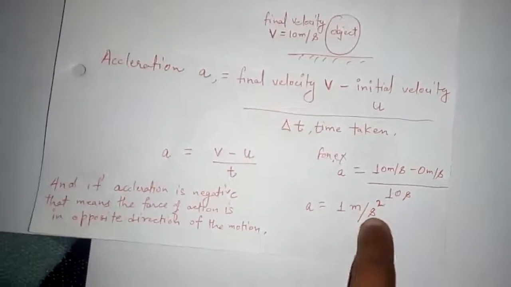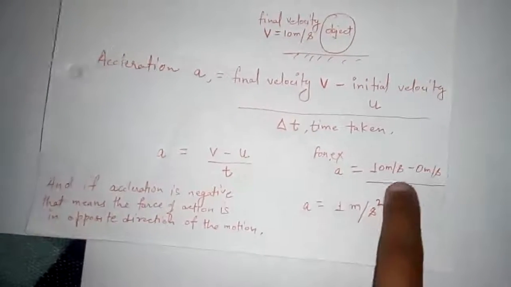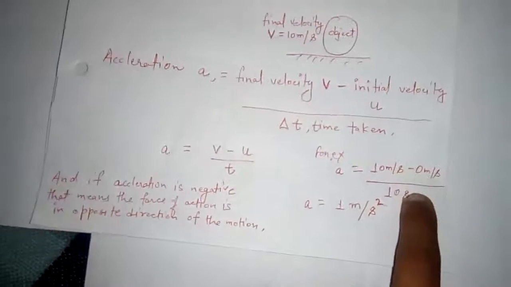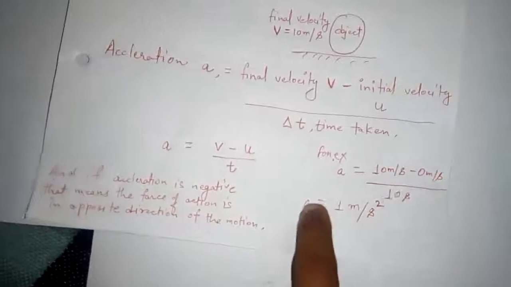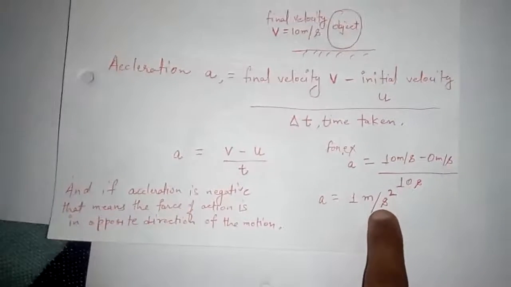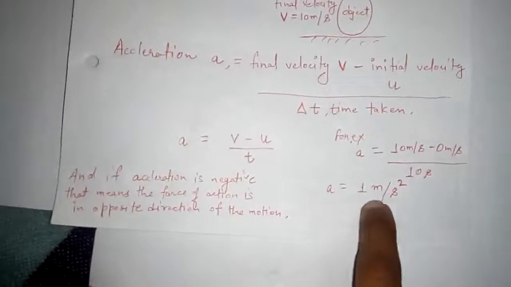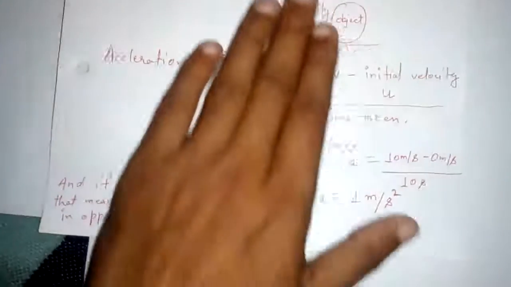Notice how I'm writing this as second square, because there was already a second in the numerator, which came down and multiplied with this second, so the unit becomes second square. So the acceleration right now is 1 meter per second square, and this is an example of non-uniform acceleration.